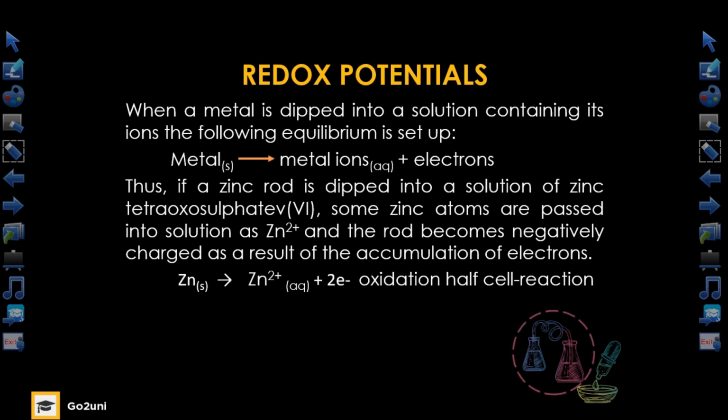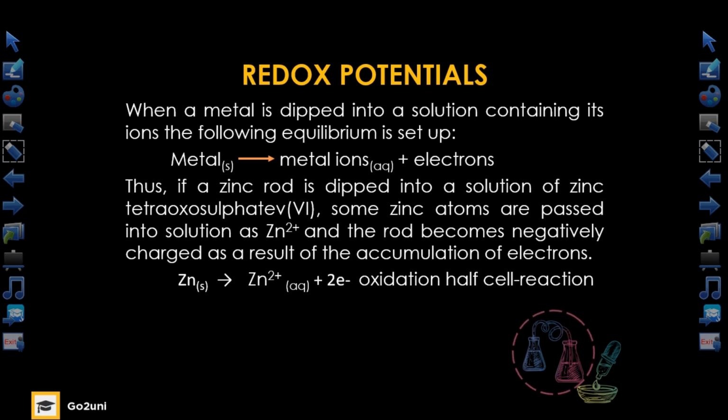Talking about potential difference, it is observed that when a metal is dipped in a solution of its salt, for example, when we dip zinc metal in a solution of zinc sulfate, the zinc atoms in the zinc rod give up their electrons and go into the solution as zinc ions, thereby making the zinc metal negatively charged, while the solution, that is the electrolyte, becomes positively charged.